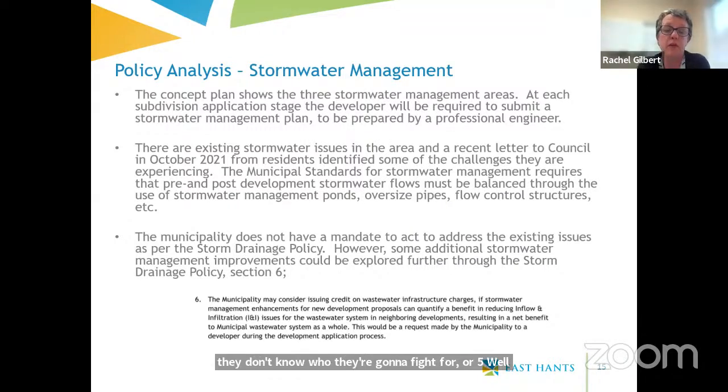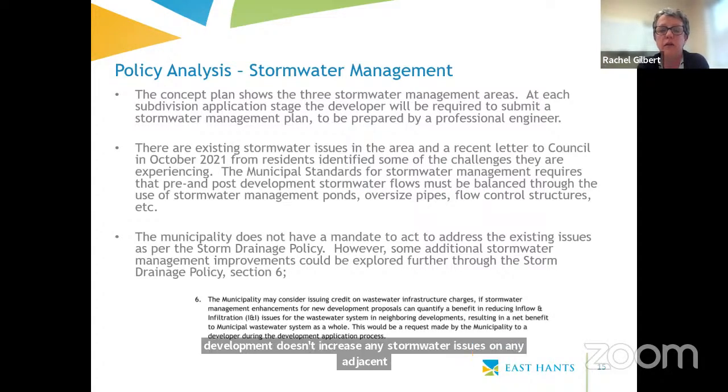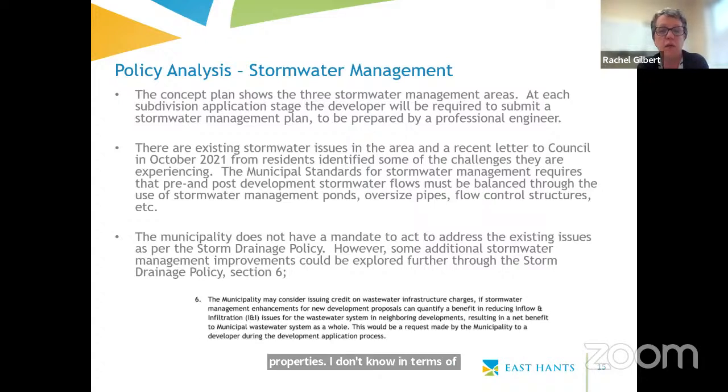Well, the developer will be required to balance pre and post stormwater flows. So they will have an engineer design that stormwater system so that this development doesn't increase any stormwater issues on any adjacent properties. I don't know in terms of liability, do you have a response on that, John?